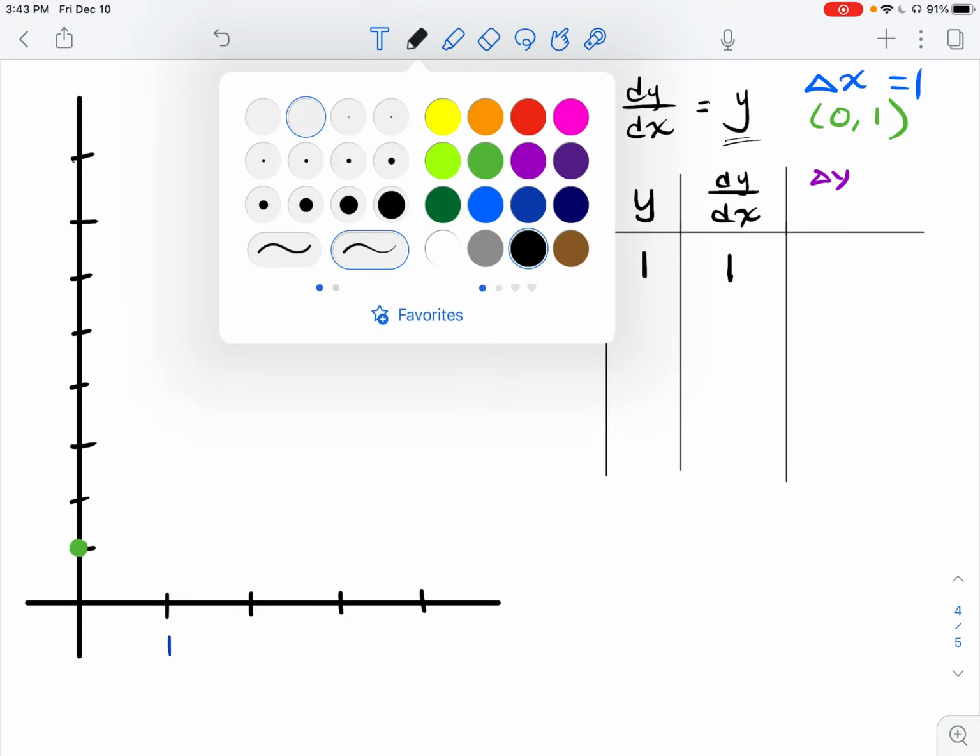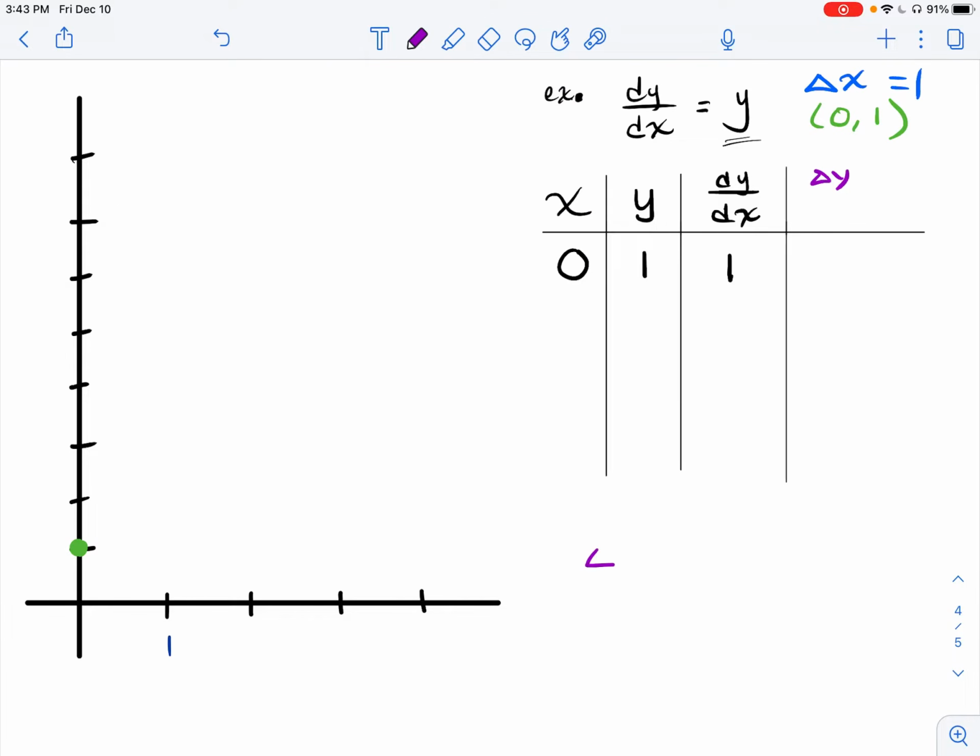Okay. Now, what about for this delta y thing? What is our change in y going to be? Well, our change in y is going to be whatever our dy/dx is times our delta x. Another way of thinking about delta x is dx. It's the change in x.